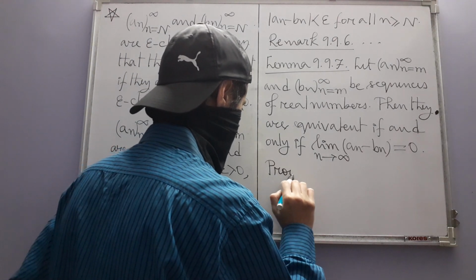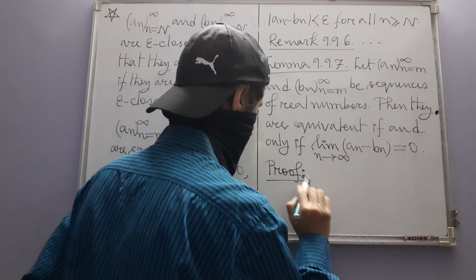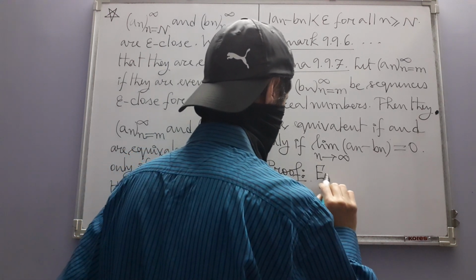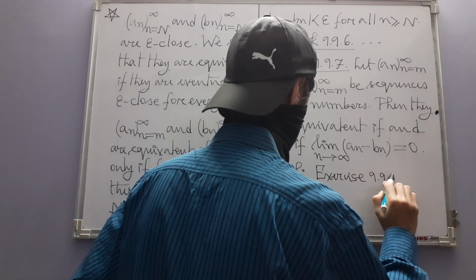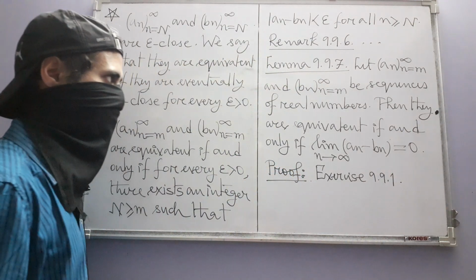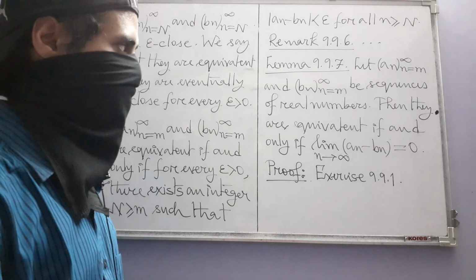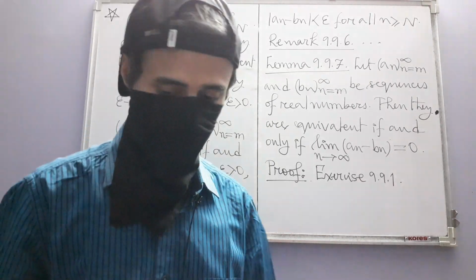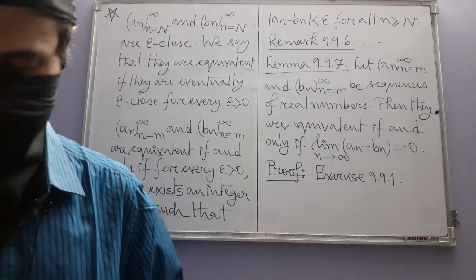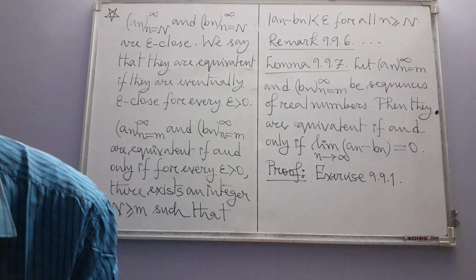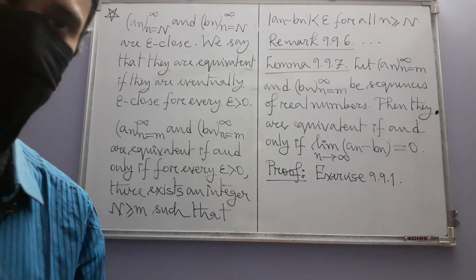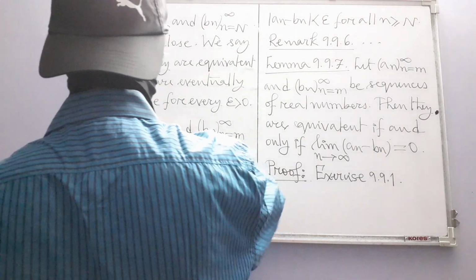And the proof of this is the first exercise. So we will see the solution in the community section. Alright, but now we come to our main thing, which is the link between equivalent sequences and uniform continuity.